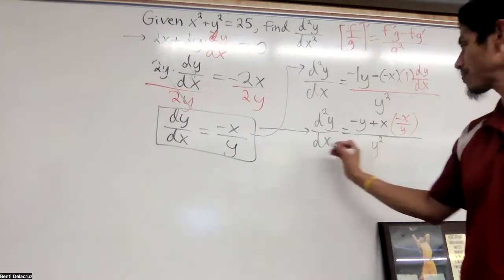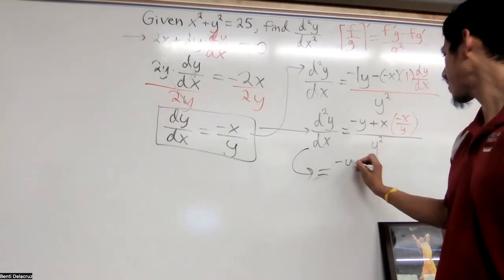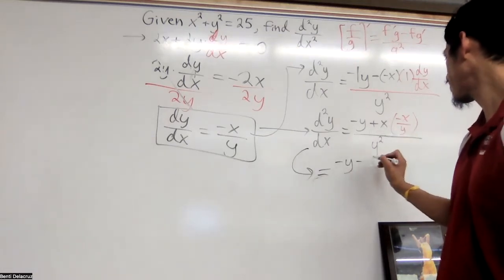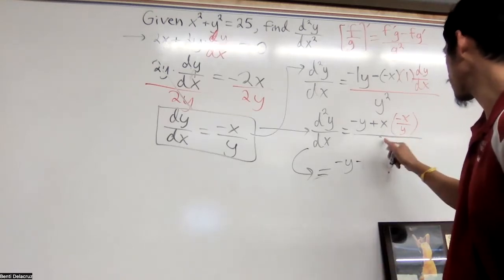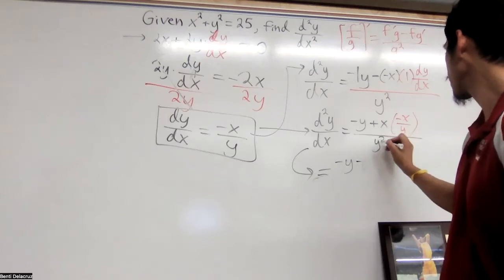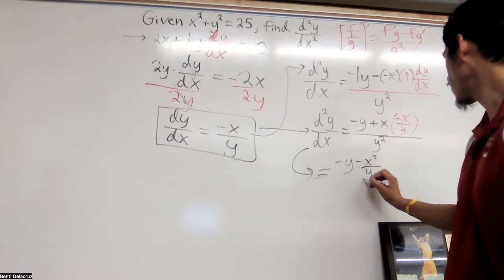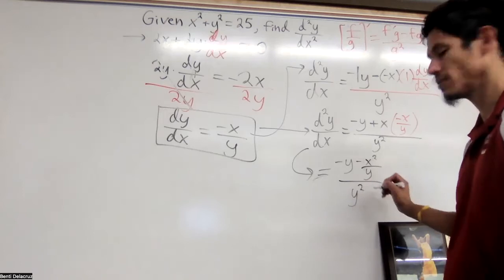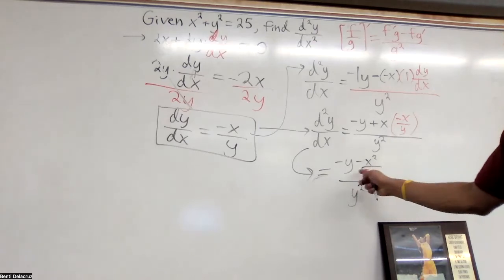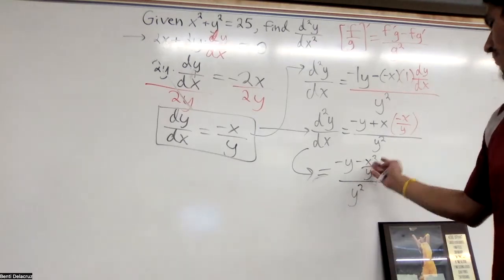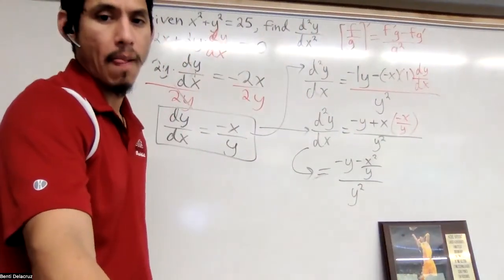So this will be equal to negative y minus an x squared over y, over y squared. So minus an x squared over y all over a y squared. And then, depending on how you want your final answer written, you can make all of them have a denominator of y, combine the top, and then use some algebra skills to simplify it.